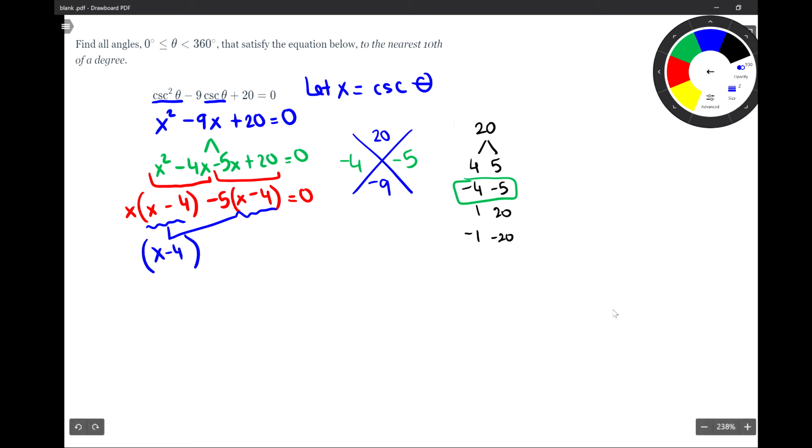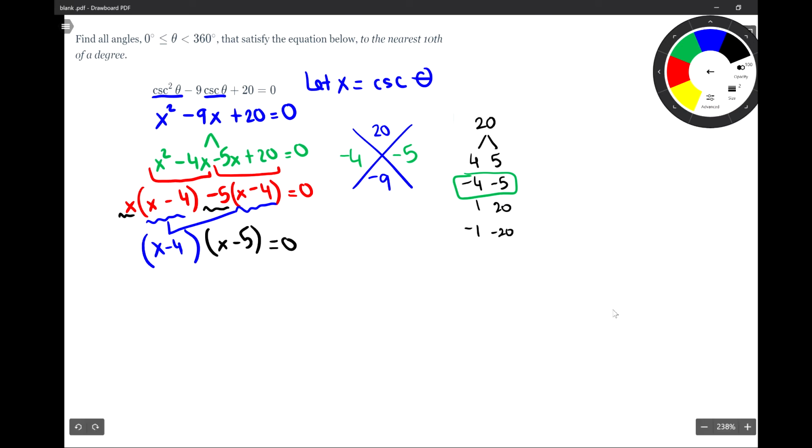The remaining x and negative 5 go together in another box, and that equals 0. Now I can solve it. I can have x minus 4 equals 0, or x minus 5 equals 0. And then I have x equals 4, x equals 5.